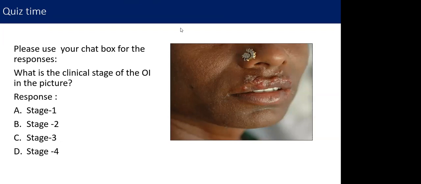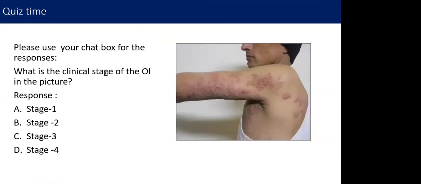You can just say stage 1, 2, 3, or 4. We can go to the next one. Oh, people are smartly answering appropriately.